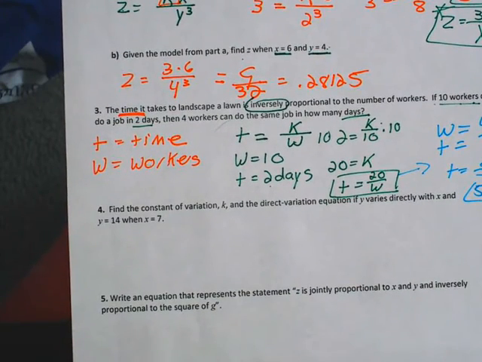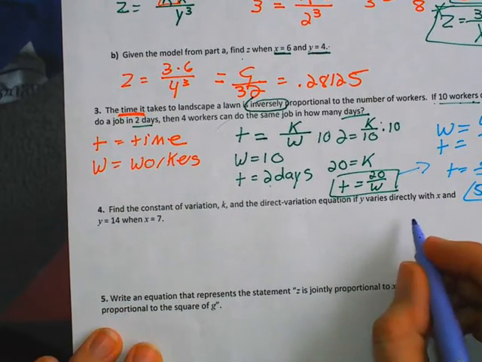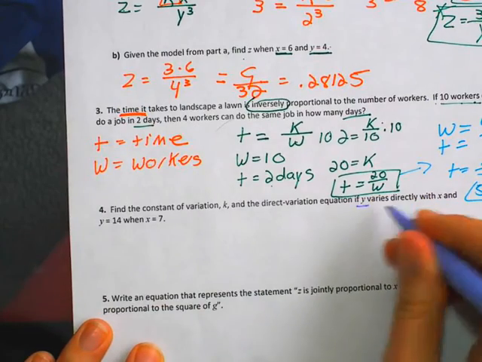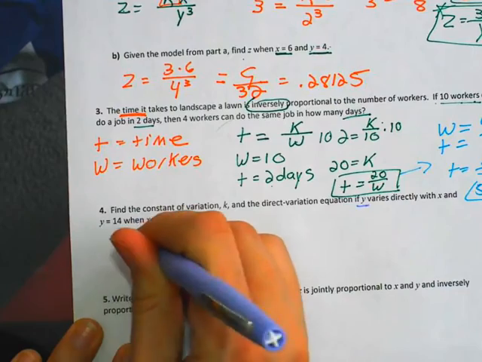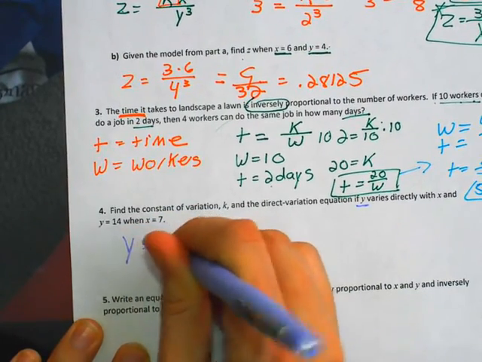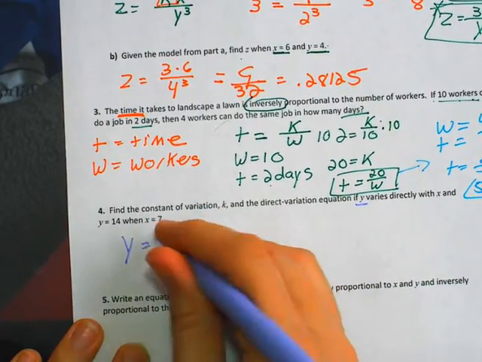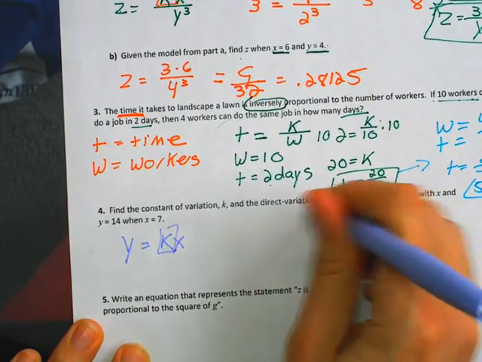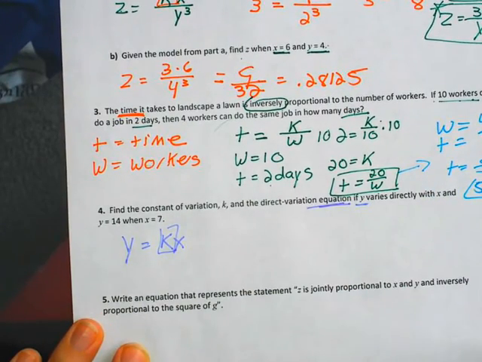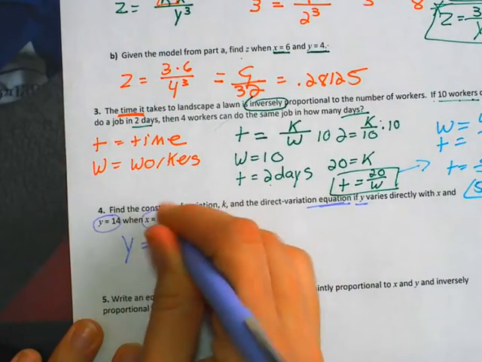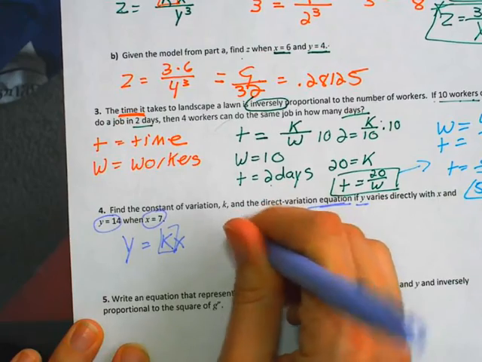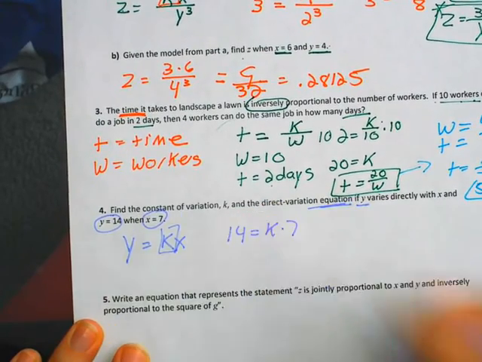It says, find the constant of variation K and the direct variation equation if Y varies directly with X. Okay, so Y varies directly with X. They want to know what is K, and then what is my equation. All right, so I have 14. They told me here I'm going to substitute in because I've got to find K first. 14 equals K times 7.